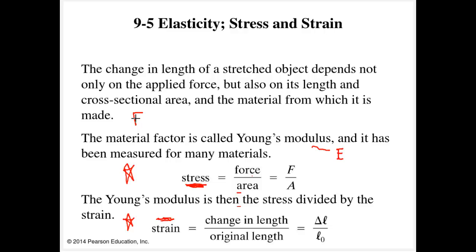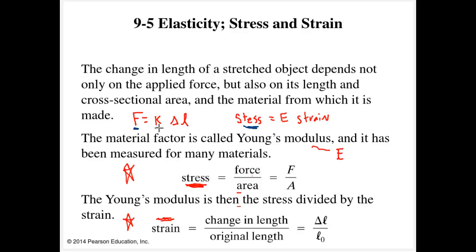If you remember Hooke's law right here, force is equal to K multiplied by some change in length. If now we write that an object's stress is equal to this constant Young's modulus multiplied by the strain, you can see that I have some force right here, and here I have a force divided by area.